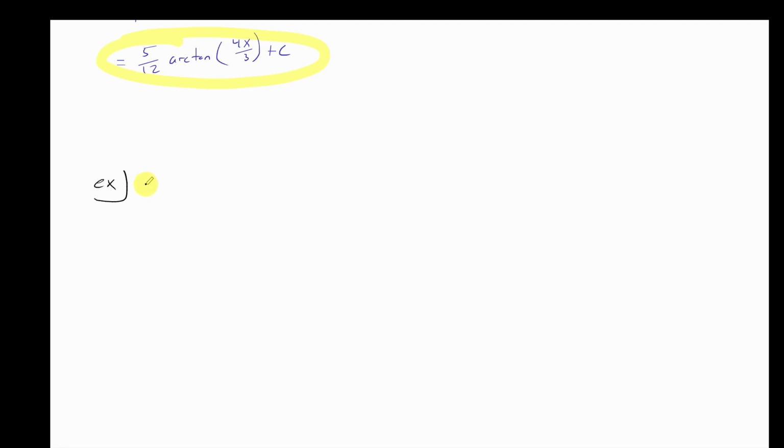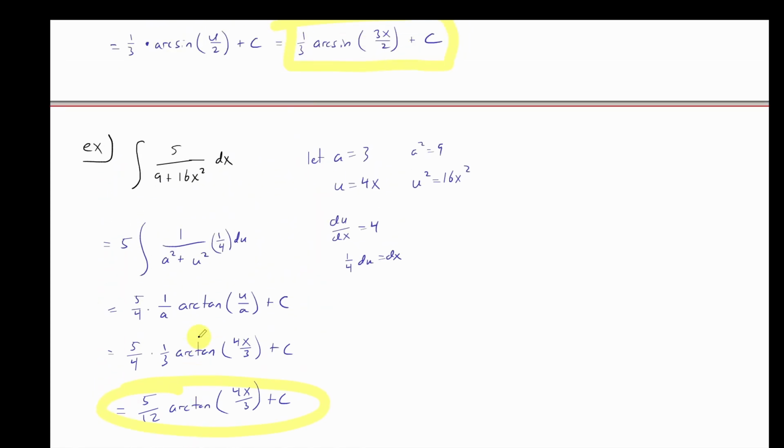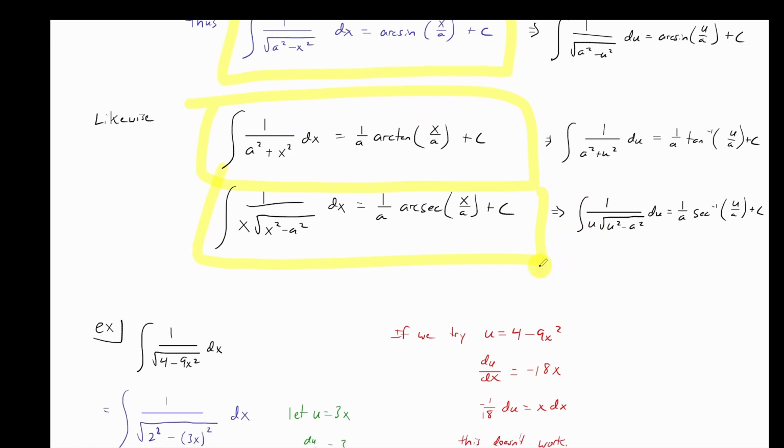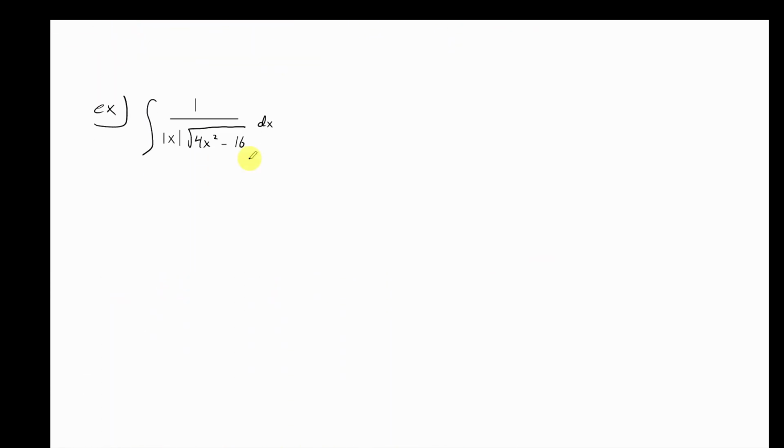One last example. Suppose I want to integrate 1 over the absolute value of x times the square root of 4x squared minus 16 dx. I want to recognize that that looks like our arcsecant example. So here we're going to let a equal 4, so that a squared is 16.